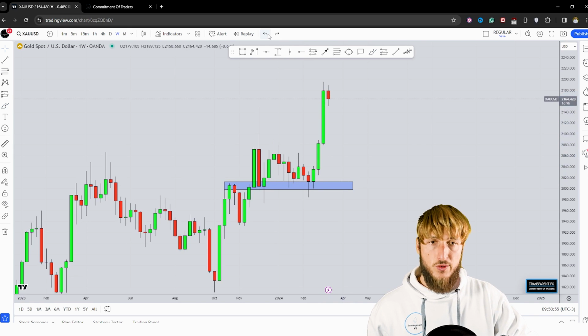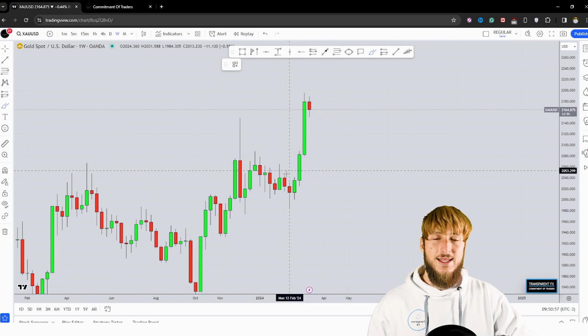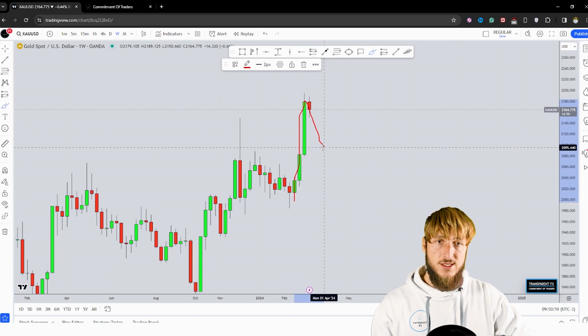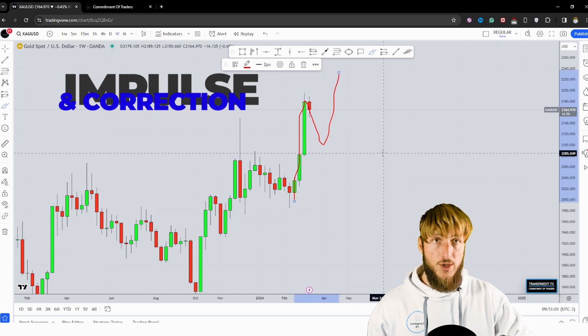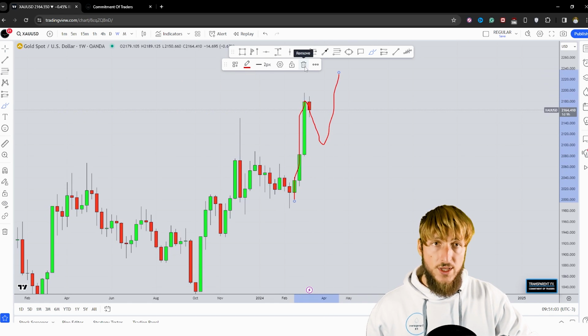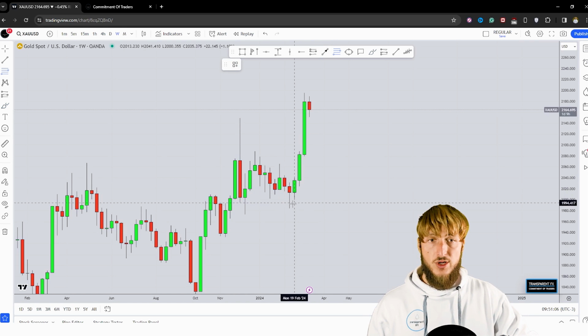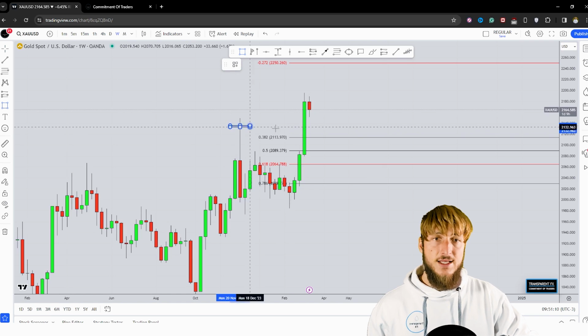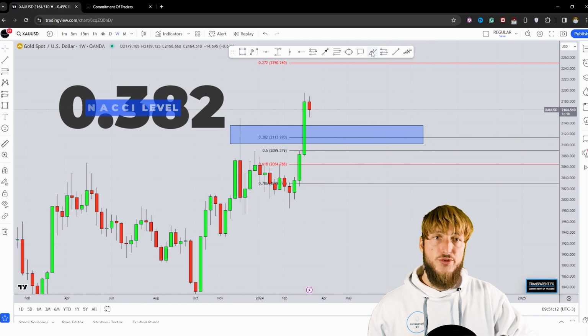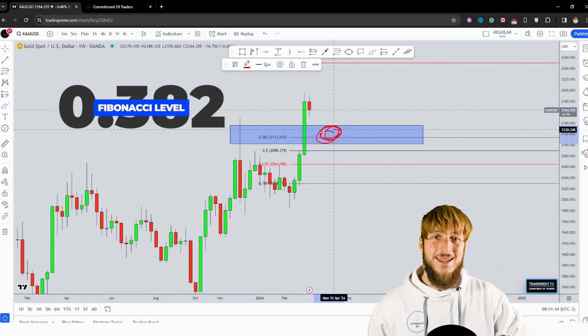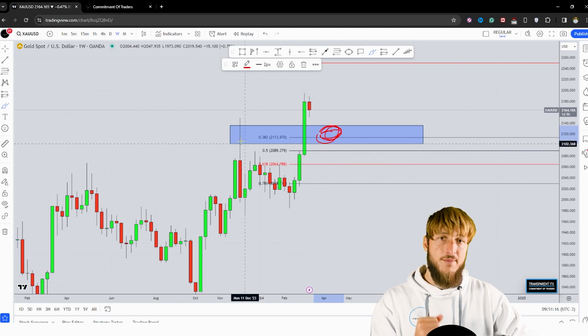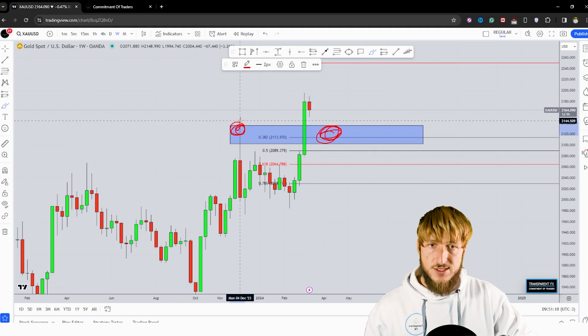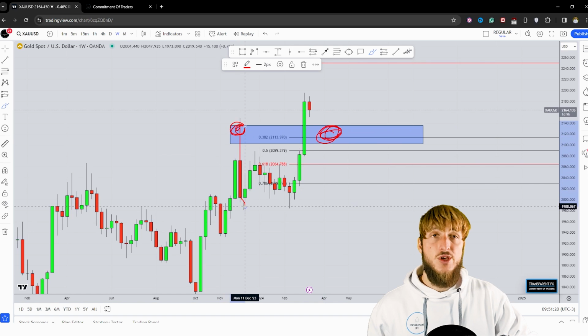Now, after the creation of an impulse, as we have just identified, what we would expect is first a correction and then the continuation higher. And here on the weekly time frame, if we want to measure the correction, we have to take our Fibonacci from the low to the high of the impulse leg. And this shows us how we have a 0.32 Fibonacci retracement lining up around this area, which is also this previous resistance from which all this rejection to the downside was created.